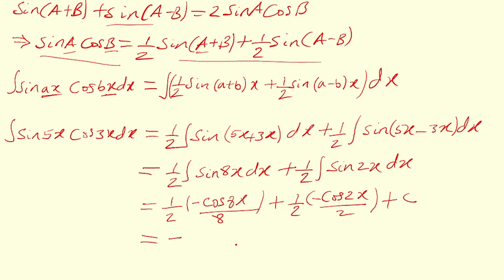Simplify: minus 1 over 2 times 8, which is 16, cos 8x, and minus 1 over 2 times 2, which is 4, cos 2x, plus c. This is the answer.